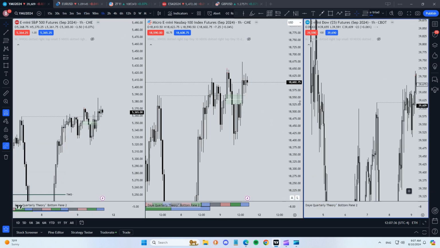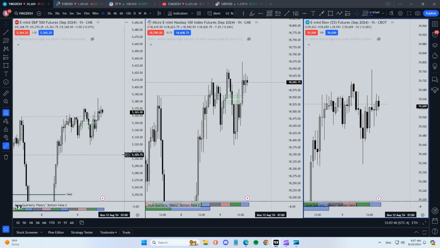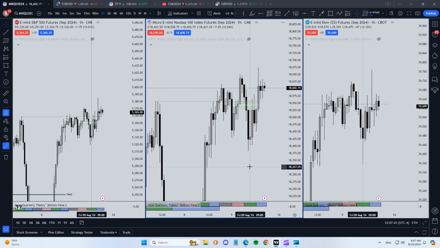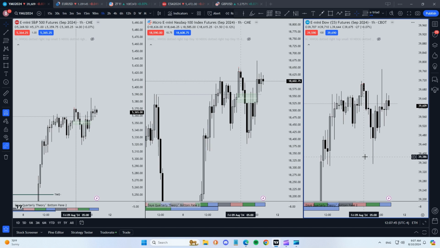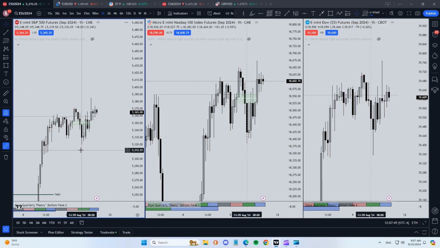So now we're gonna go ahead and start looking through New York. So what I saw from the 9 a.m. close was a precision swing point on the 1 hour. As you can see right here, this is a precision swing candle on ES, precision candle on NQ, and then on the Dow, it was a precision swing point.